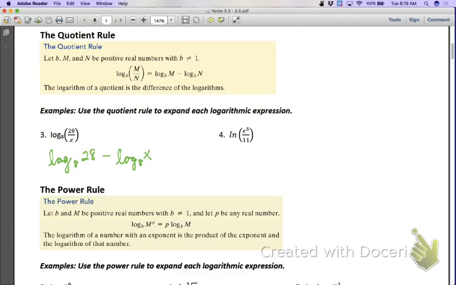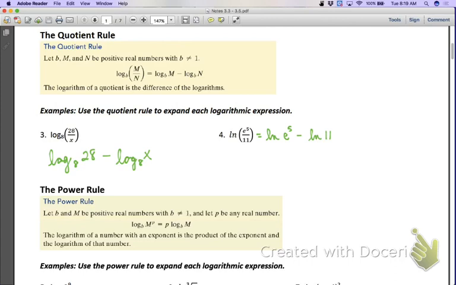I can't turn the 28 into a base of 8, so there's nothing I can do there to simplify anything more. Whereas on 4, if I have the natural log of e to the 5th divided by 11, I have the natural log of e to the 5th minus the natural log of 11.